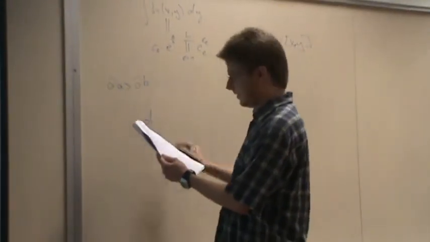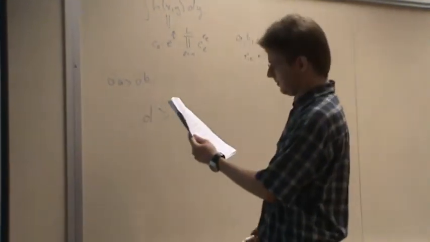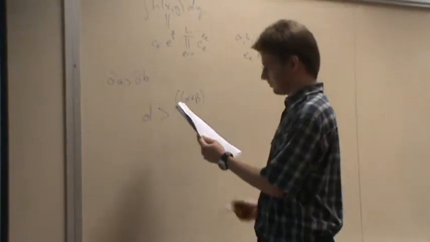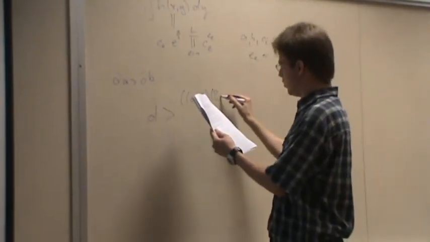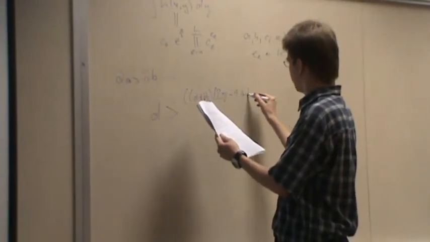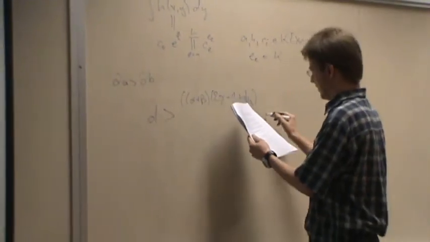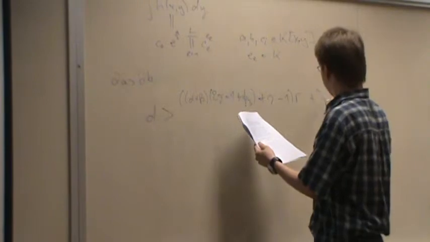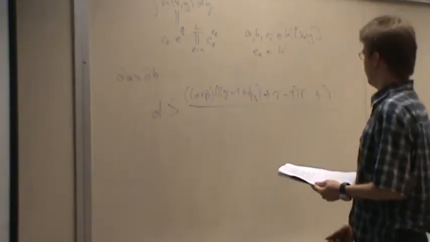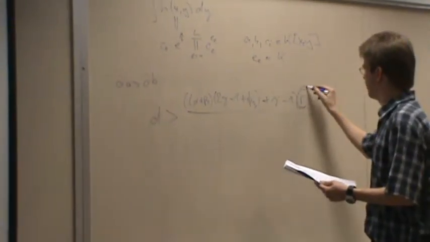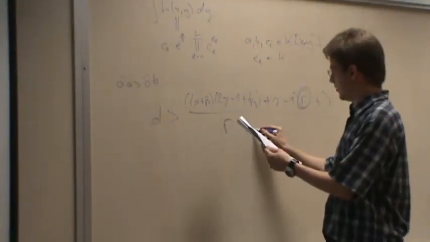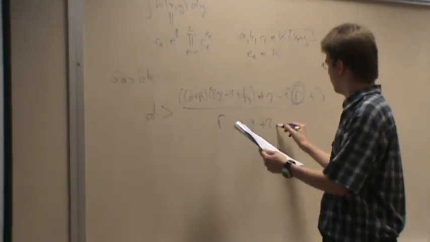It says D is greater than alpha plus beta, 2 gamma minus 1 plus phi 3, plus gamma minus 1 times r plus lambda, divided by r minus gamma plus 2 minus phi 3.